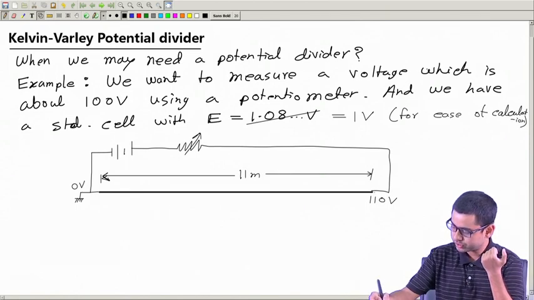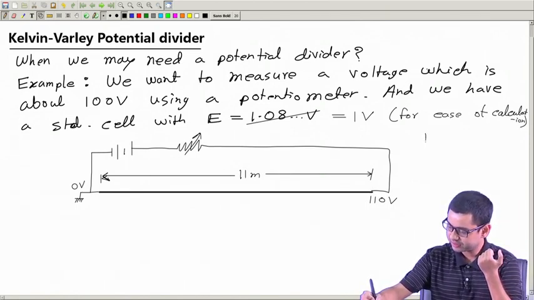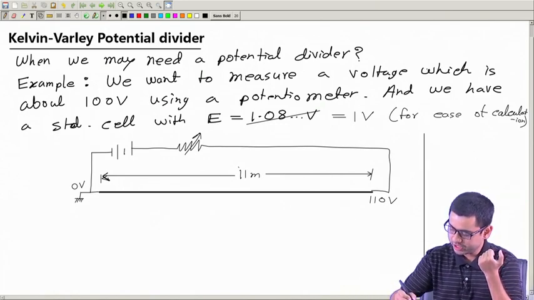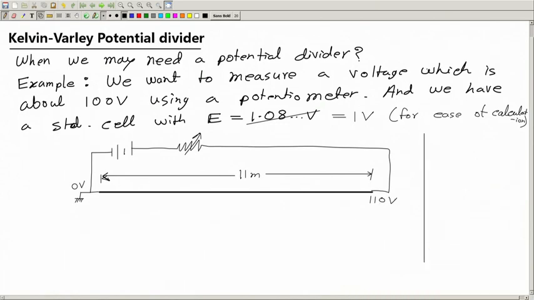So, if I choose to have 110 volt here, this will imply 11 meter is equal to 110 volt. So, we can write 11,000 millimeter is equal to 110 volt. So, 1 millimeter will be 1 over 100 volt, right.